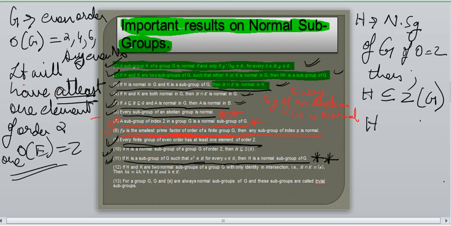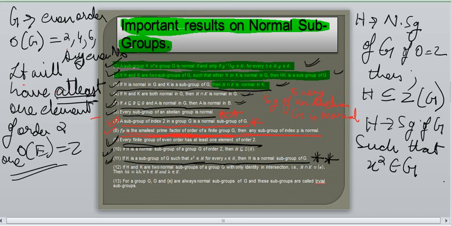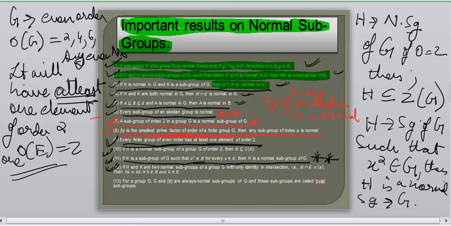If H is a subgroup of G such that x squared belongs to H, then H is a normal subgroup of G.